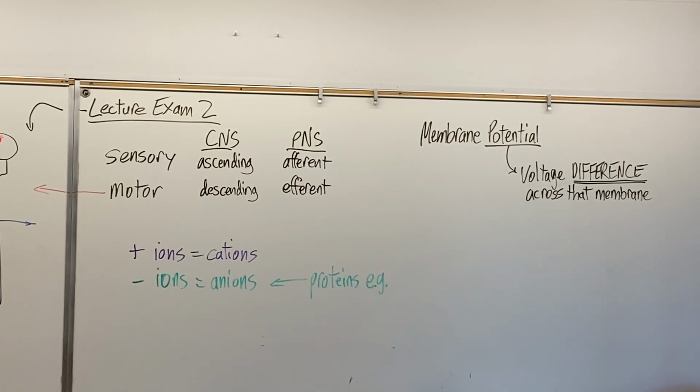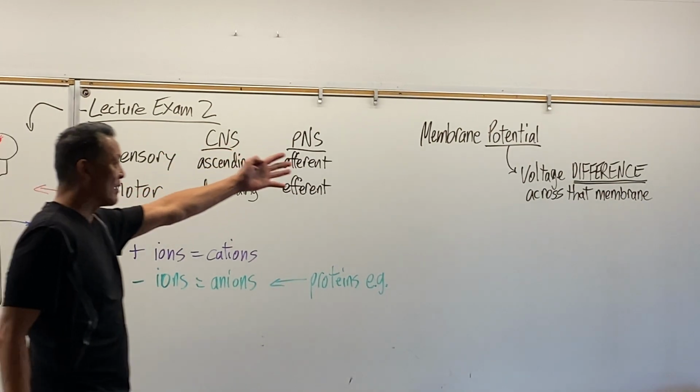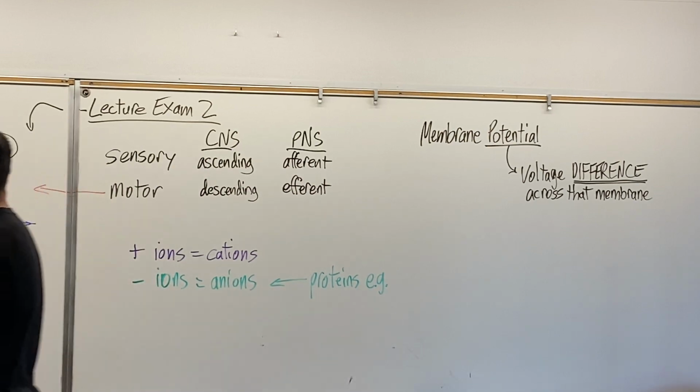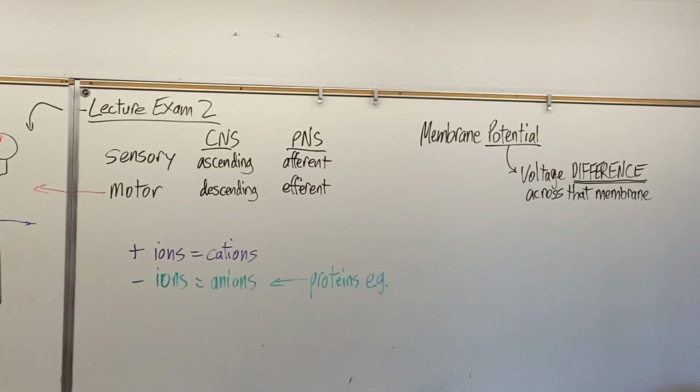So when we talk about membrane potentials, it could be said in 2 ways. It is more positive on the outside, or it's more negative on the inside. It's still a voltage difference across that membrane. Everybody got it? But even though we could say it 2 ways, we always talk about what it is on the inside of the cell.